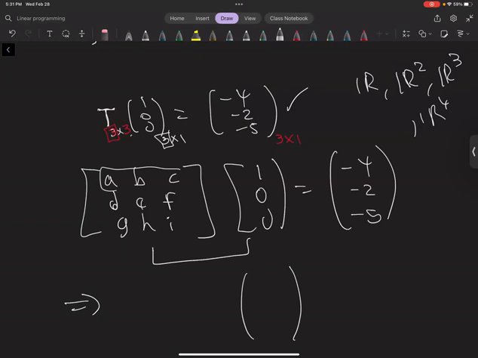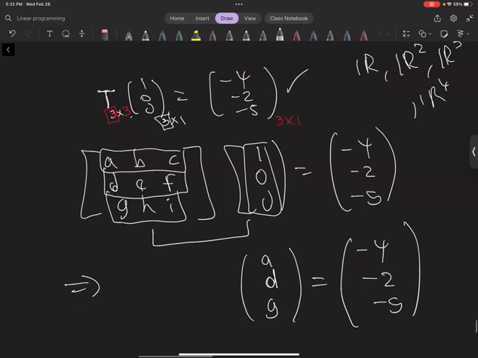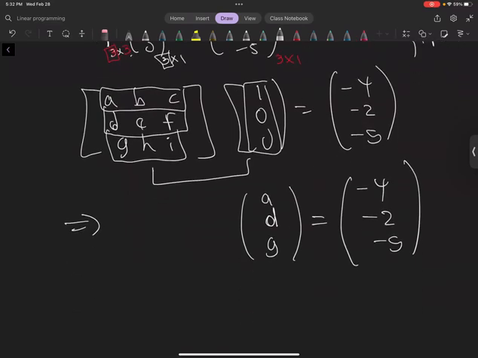What is ABC times 100? A. What is DEF times 100? D. And what is GHI times 100? G. And this is minus 4, minus 2, minus 5. So there you go. You got your first column.